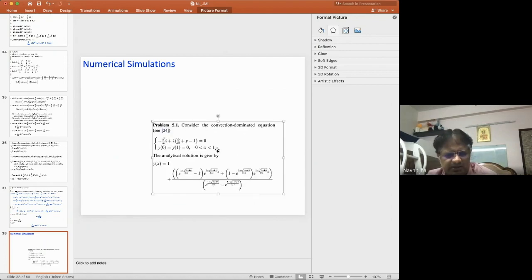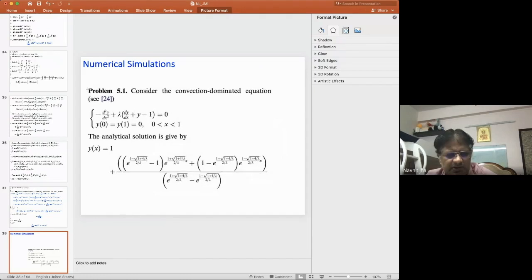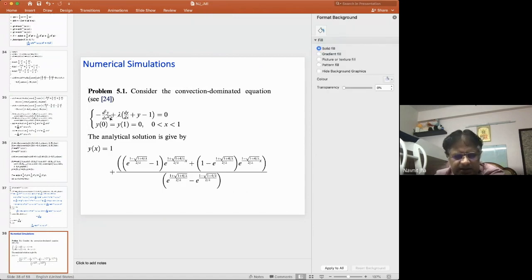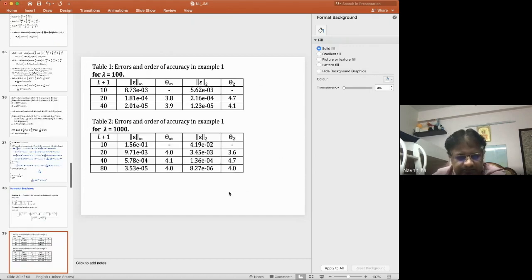Let me expand it, then it looks more clear. Here, in place of lambda, if we write 1 by epsilon, it is coming out to be the same form. So it is coming out to be this.